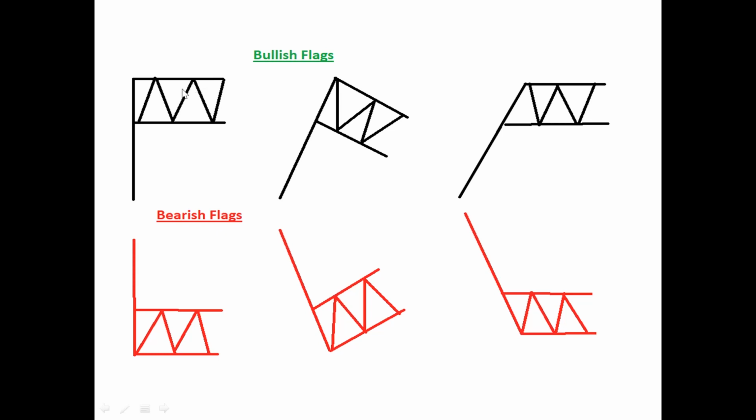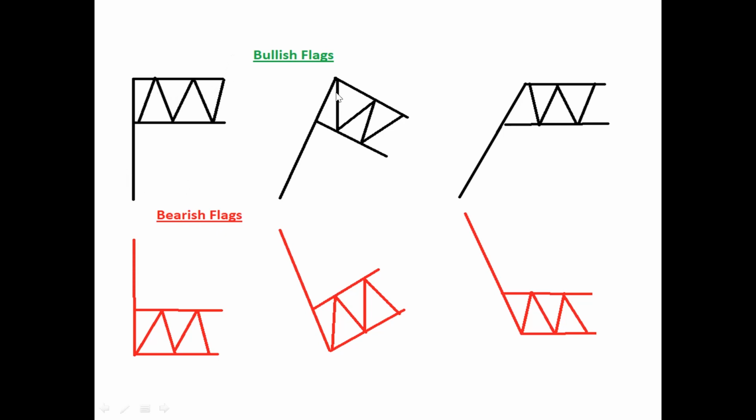This kind of flag pattern is normally a continuation of the previous trend. Here the trend was an uptrend. After breakout, the trend is again an uptrend. Now we don't have such picture perfect flags on real charts.